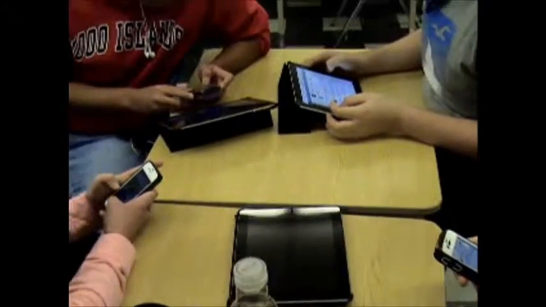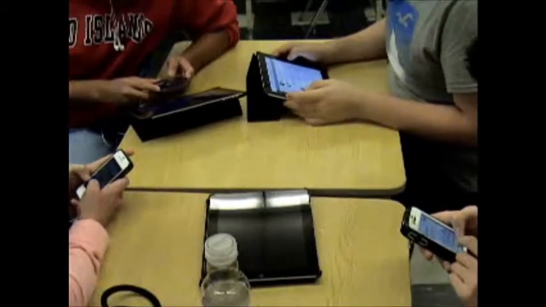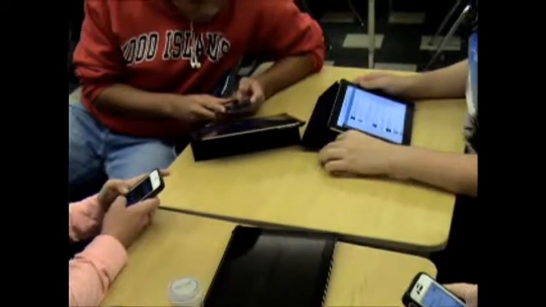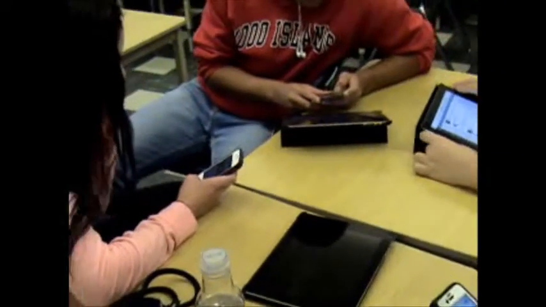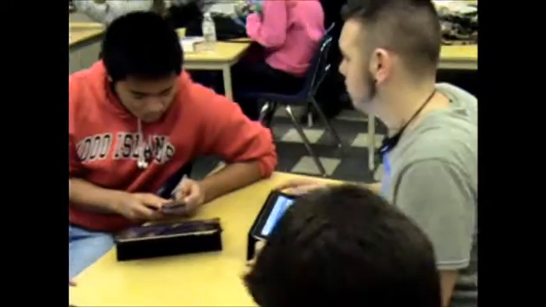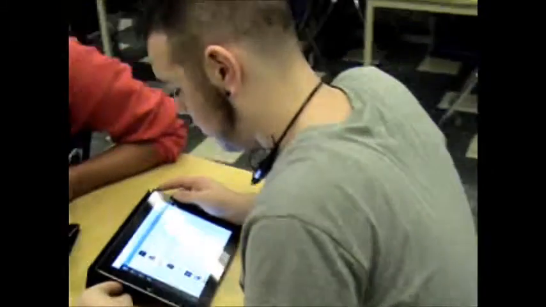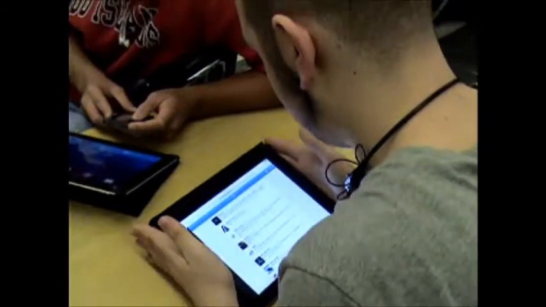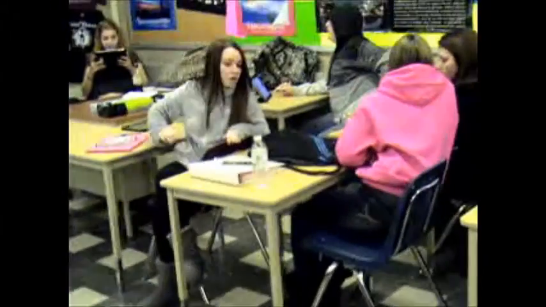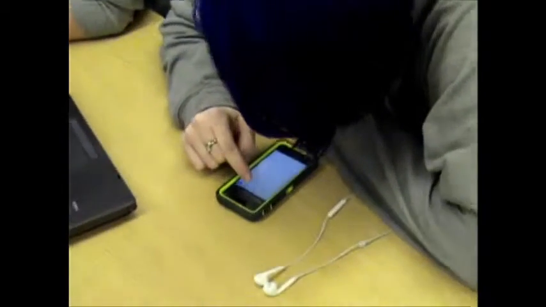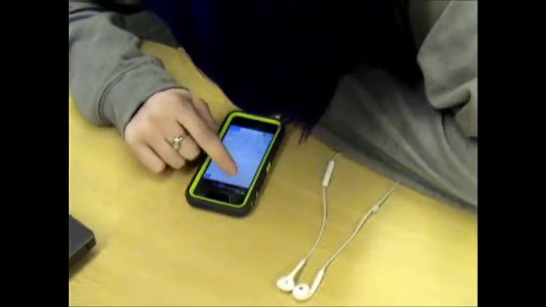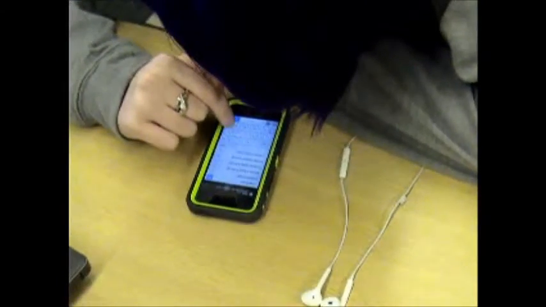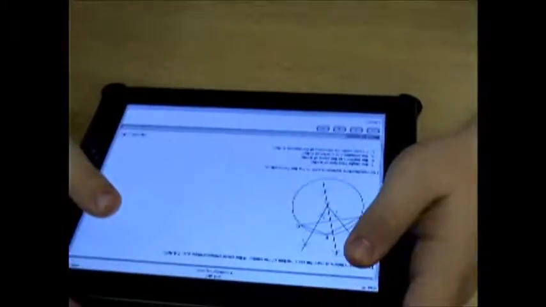No, you're not going to be able to get to the App Store on the iPad. You're on the wrong page.